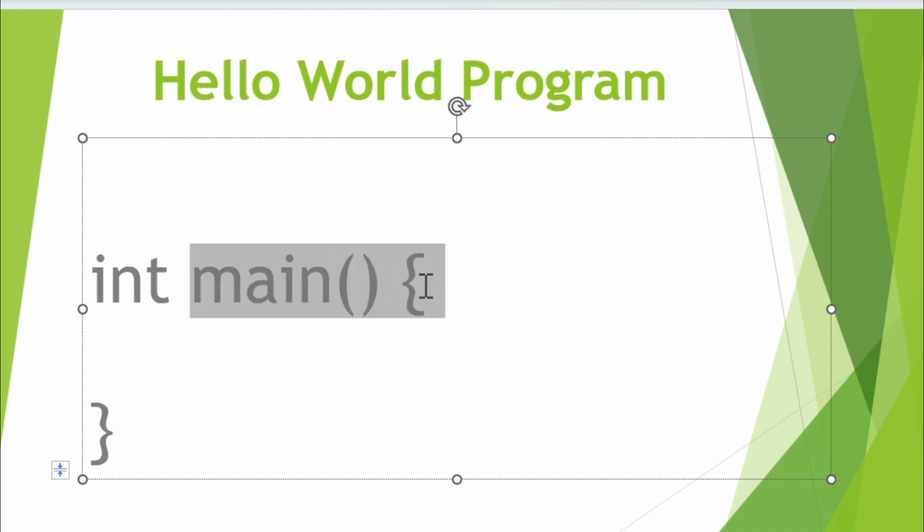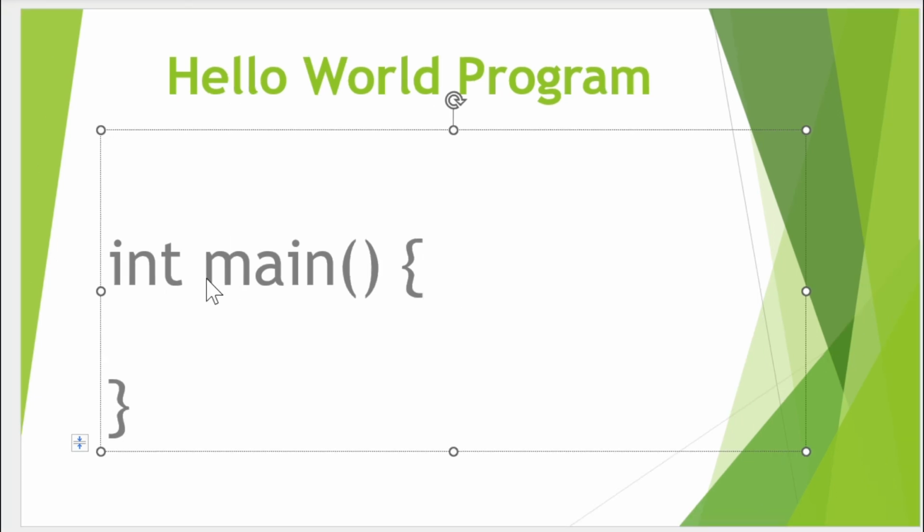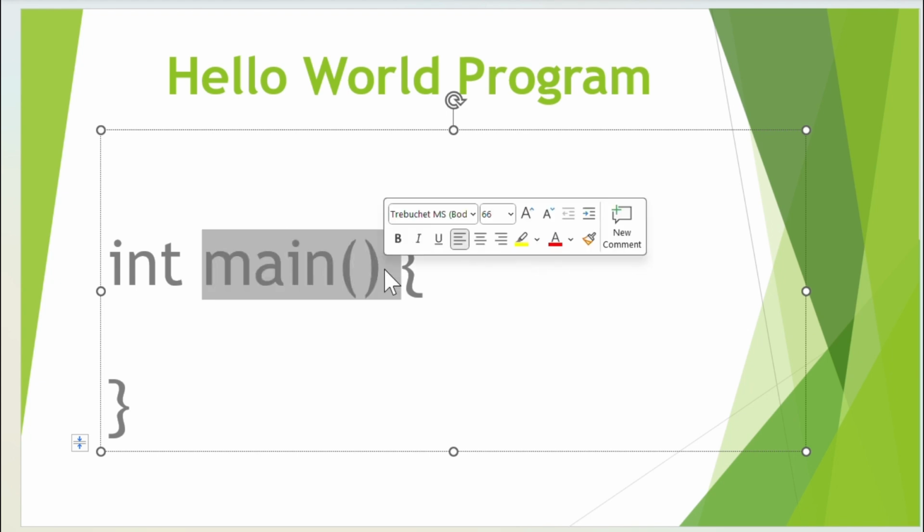The main is the part where we start the execution. In a computer program, you might write 1,000 lines before this main or after this main, but the compiler will find this main and will start to execute from this main only. So this main is the most important thing in a C program.